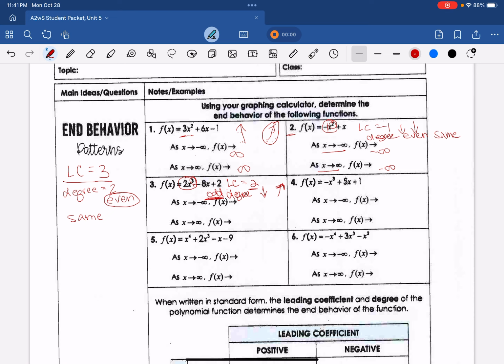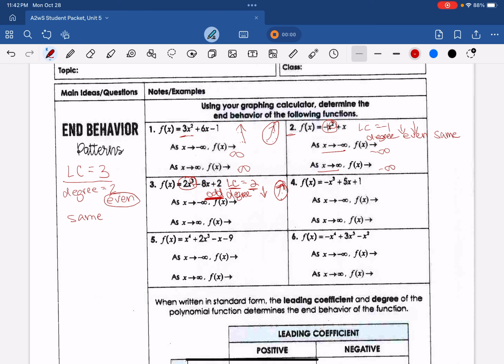Another way you could remember it is when you think something is odd, it's different, right? So if you think somebody is odd, you think they might be a little different, then same thing with this. If we have an odd degree, our ends are different. So we're told the right side is going up because our lead coefficient is positive.